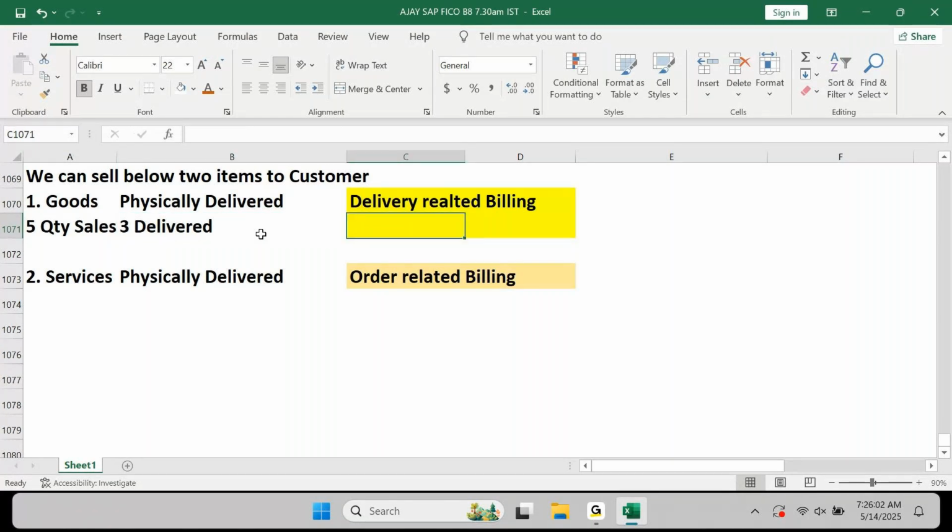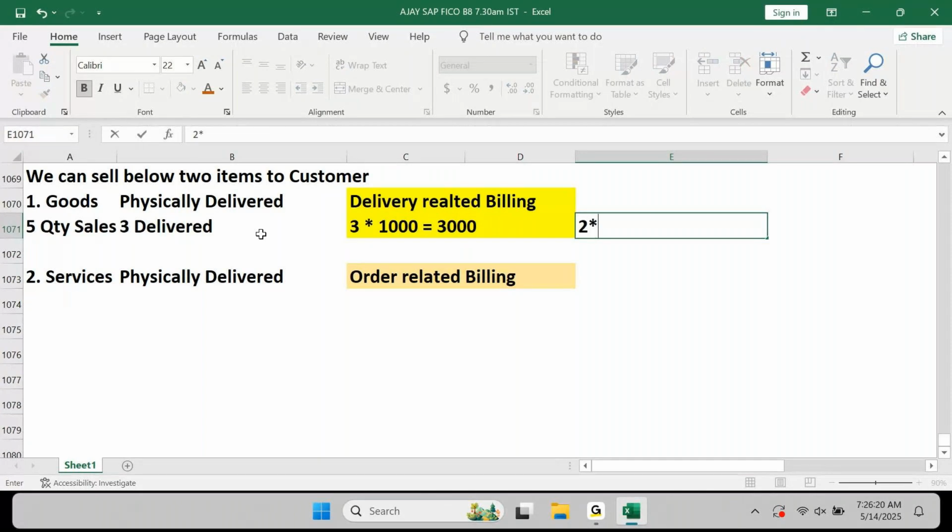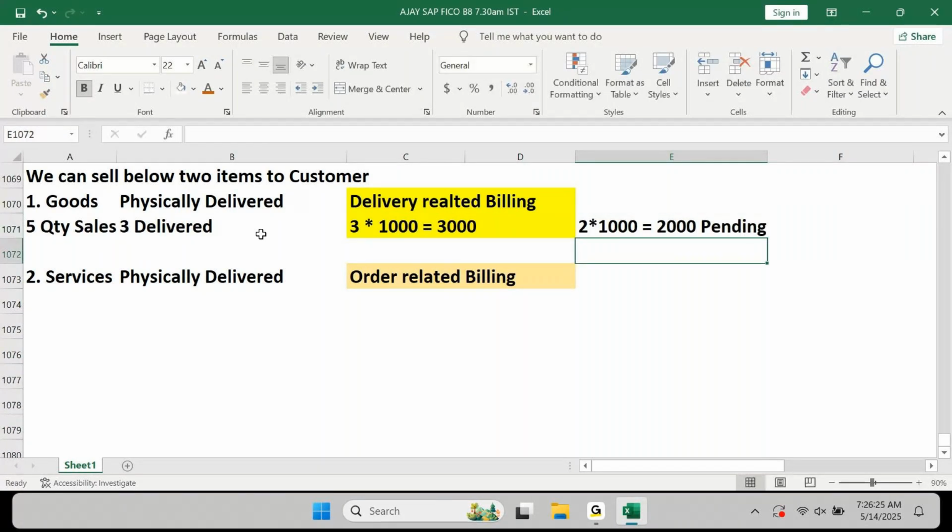Then you have to put 3 into maybe 1000 rupees, 3000. Am I correct? Assuming 1000 rupees is the price. Now here I will put 2 into 1000, 2000 pending to be delivered, to be billed.